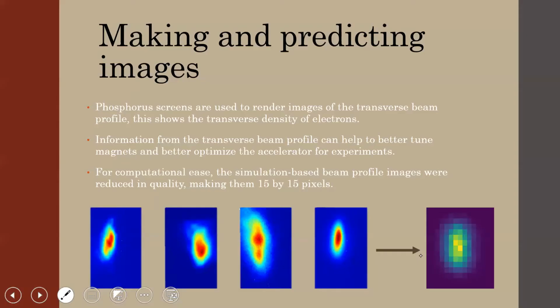So we move on to predicting actual images. This is how the images from the humor look. They are taken with phosphorus screens. And because these images are really high resolution, imagine each pixel to be a feature for our neural network to predict, then if we feed in this real image, we will have thousands of features, and that's not really possible for a computer to do in a short amount of time.